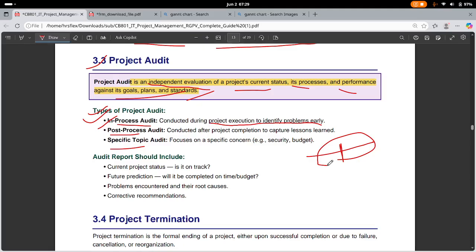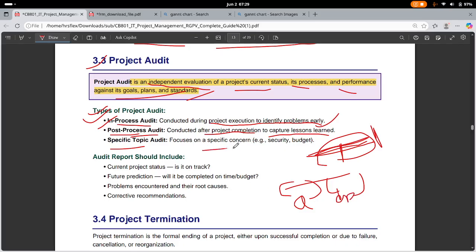This is called in-process audit. The second is post-process audit. After completion of the task, just check whether we did it the right way or not, and capture lessons learned. And for specific topics, it could be for a particular stage, like this is the development stage, this is the deployment stage.